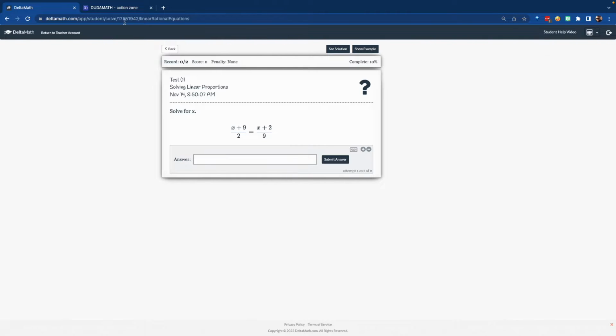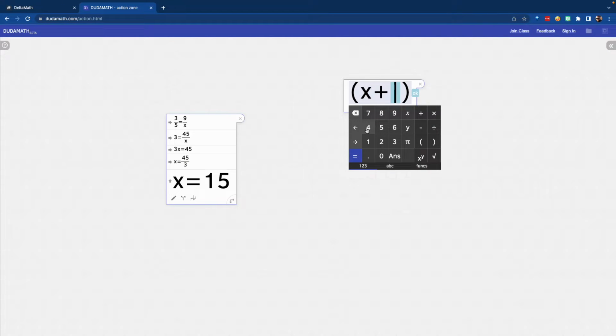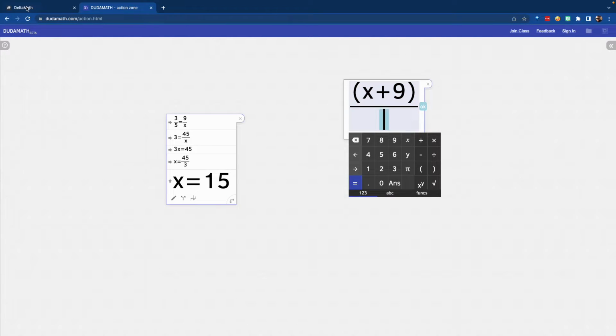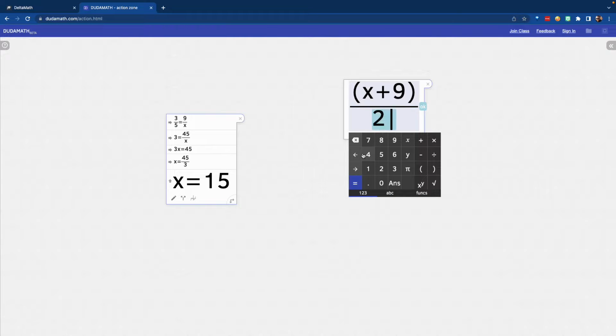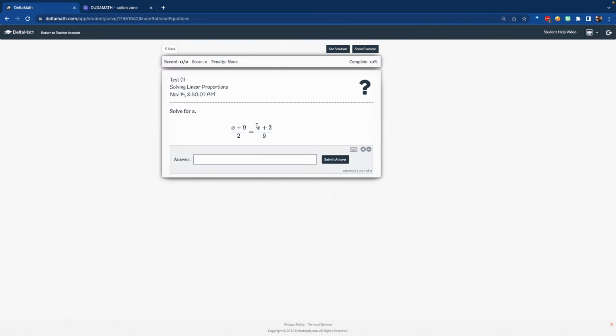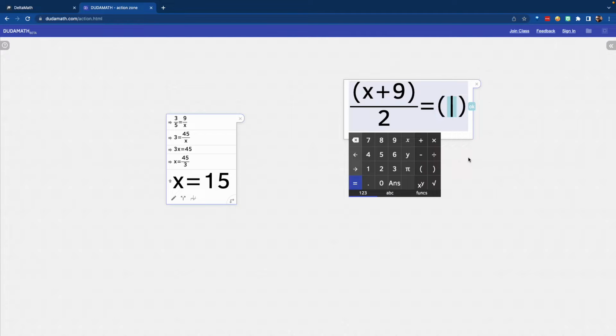So x plus 9, and then we'll take that parentheses and divide it, and we'll have a 2 on the bottom. Use my arrow key to go over and type in an equal sign, and then we'll have x plus 2 over 9. Again, I use parentheses to group that term x plus 2, and then I will be dividing that by 9.